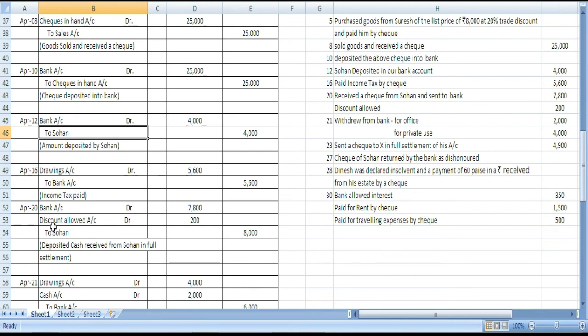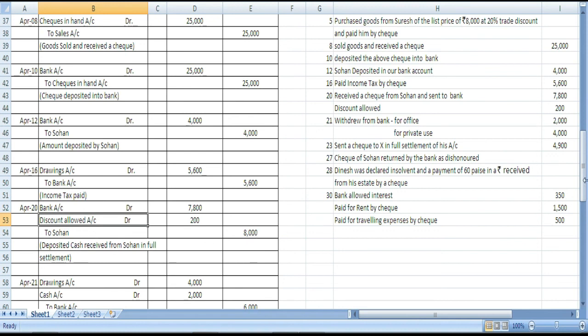Like here, April 20, received a check from Sohan and sent it into the bank. Here also we have not written checks in hand account because on the same day we are sending the check to the bank. So, the bank is receiving. Radhika Traders has allowed discount of 200 after the full settlement, and Sohan was supposed to pay 8,000.